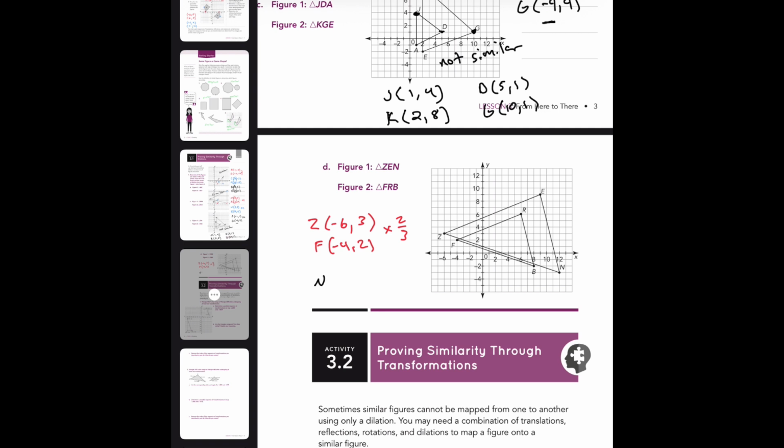We'll check one more. Point N from 12, -3 to point B, 8, -2. You'll find the same thing. 12 times 2/3 will get you to 8. -3 times 2/3 will get to -2. So these should have been found to be similar. And you'd find the same for that last corresponding point there as well.